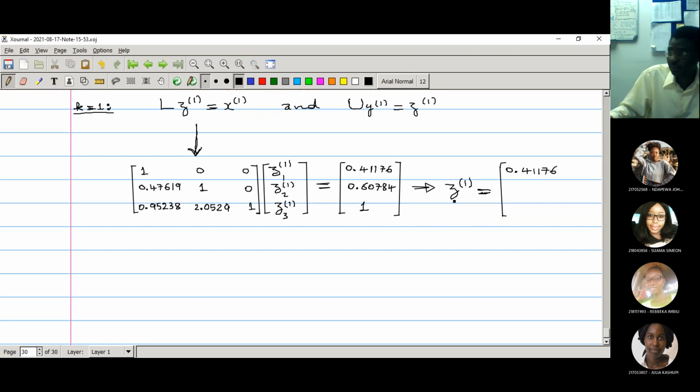The value obtained will be 0.41176, and we can even stop there, because the next one is 3, so I can drop that one. And here, this is negative 0.23746.